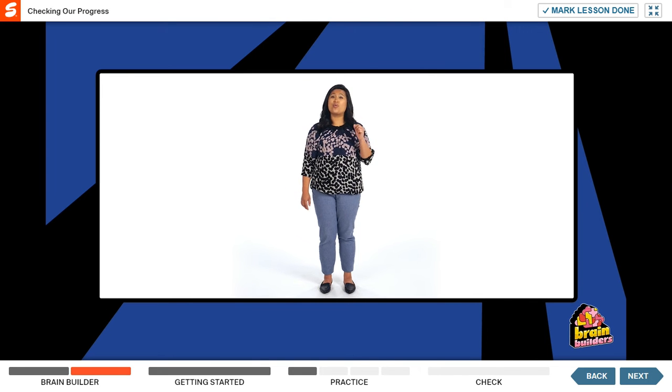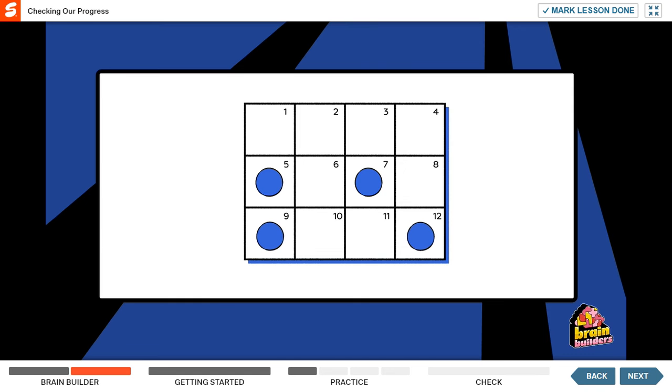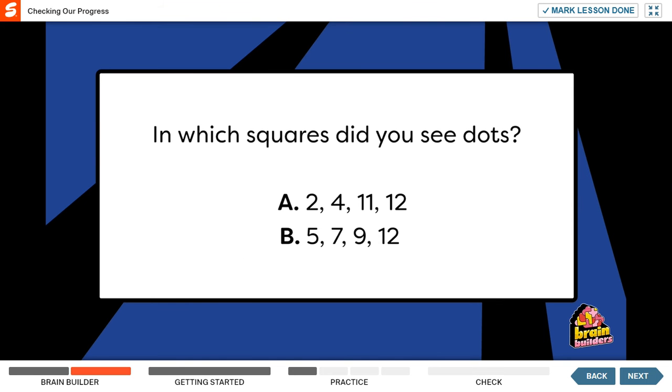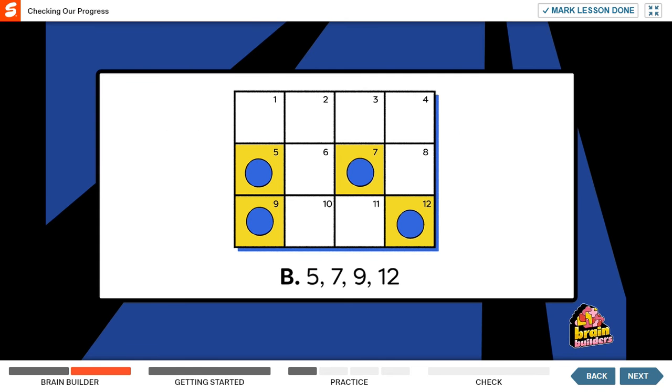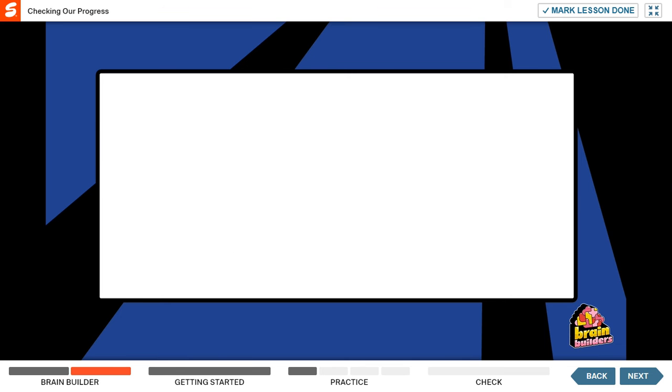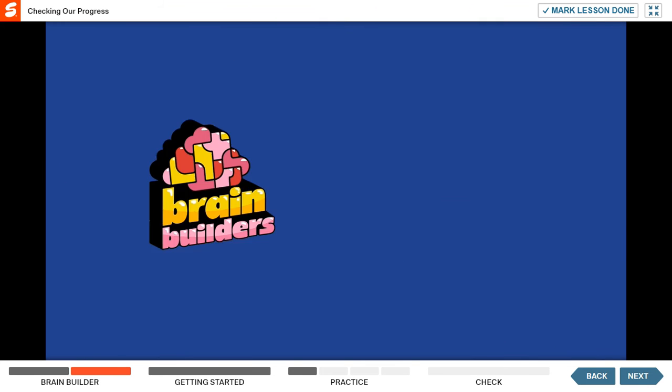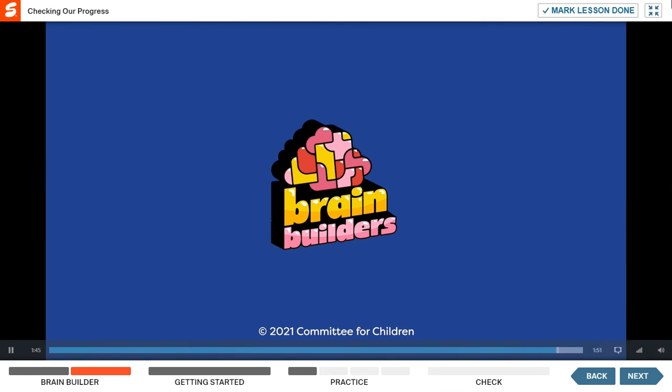I'll show you one more. If you think the answer is A, tap your head. If you think the answer is B, wiggle your fingers. The answer is B. Did you wiggle your fingers? Great job! You did it!